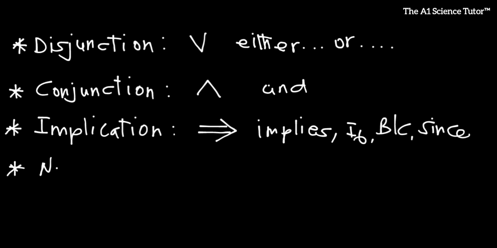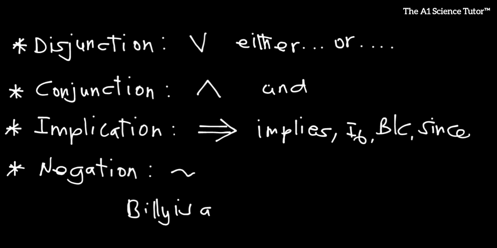Then the other one is called negation. Okay, negation. Now negation is represented with this symbol. I really don't think I know the name of this symbol, but that's the symbol used to represent negation. So let's say Billy is a dog. And let's call this statement P. These are the letters that you use to represent sentences or statements.